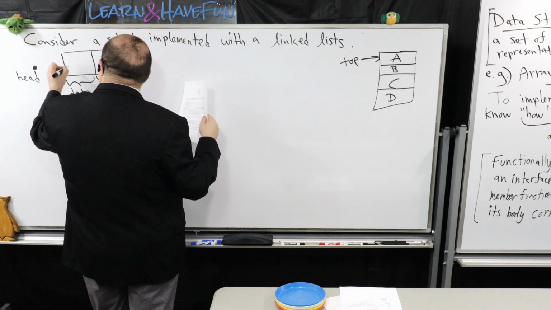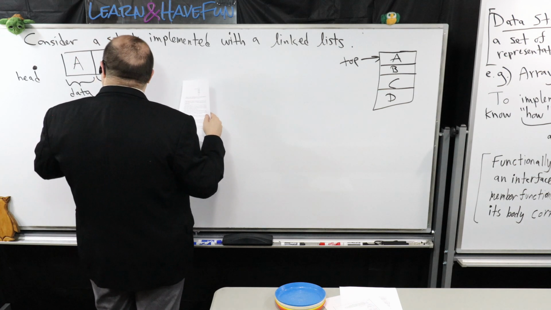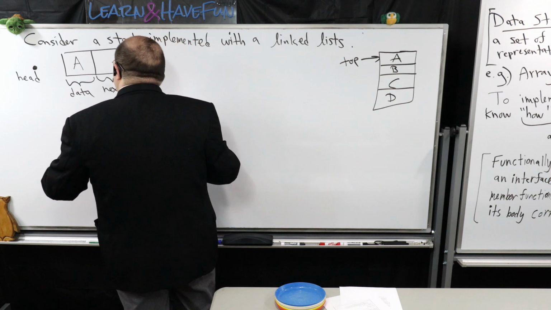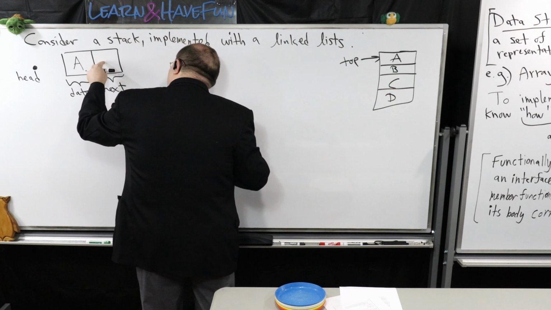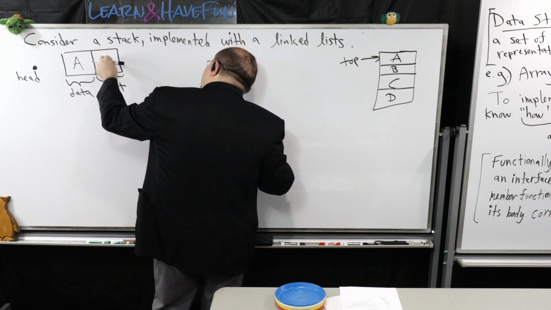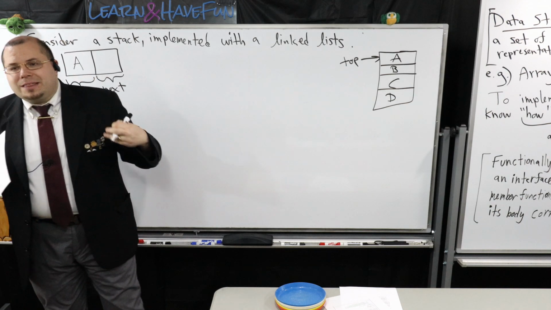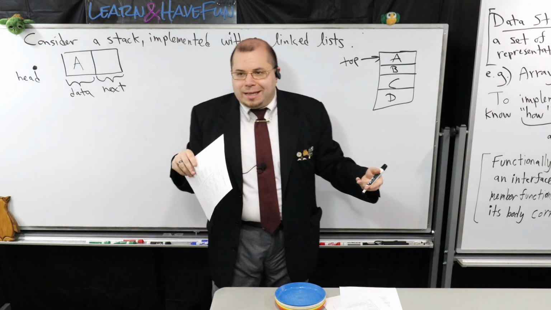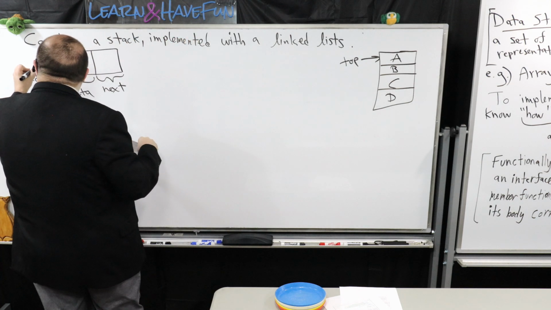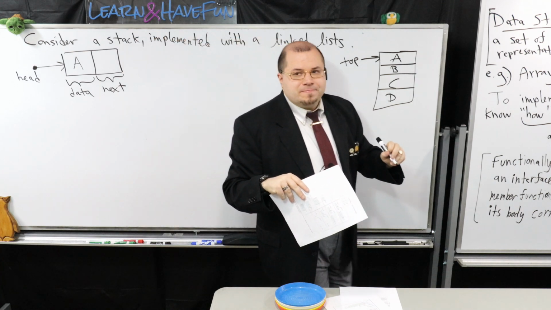So for example, I could have the data being the letter A, or the letter B, or the C, or the D I have over here. But the point is if I have another node, I'll put as the next attribute here a pointer. It's going to point at the next node in the linked list. But the big attribute we have with our linked list is the head of the linked list. The head of the linked list will point at the first node in the linked list.